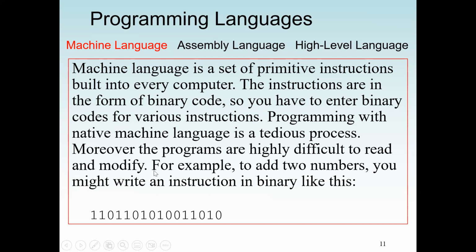So a machine language is a set of primitive instructions built into every computer. The instructions are in the form of binary code, so you have to enter the binary code for various instructions. Programming with native machine language is a tedious process.